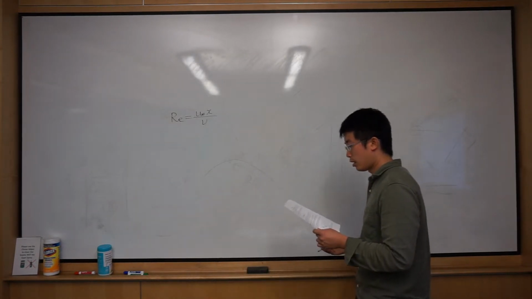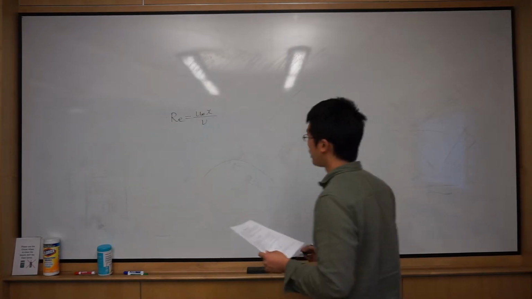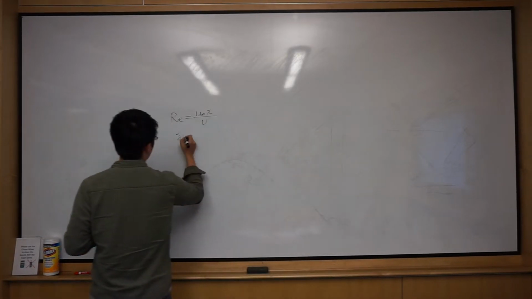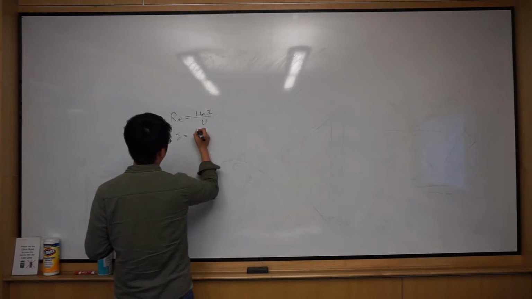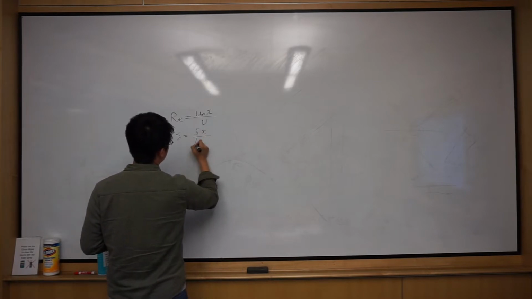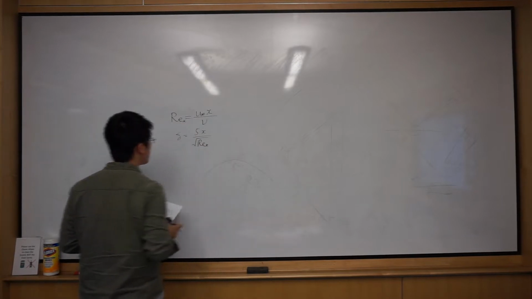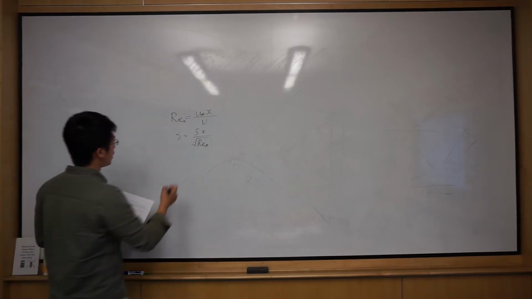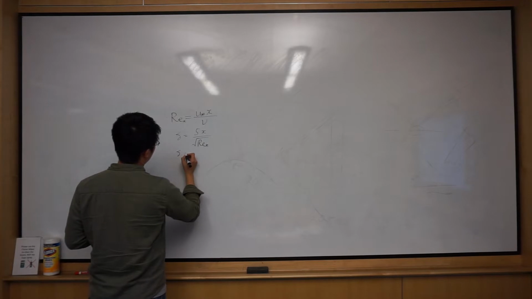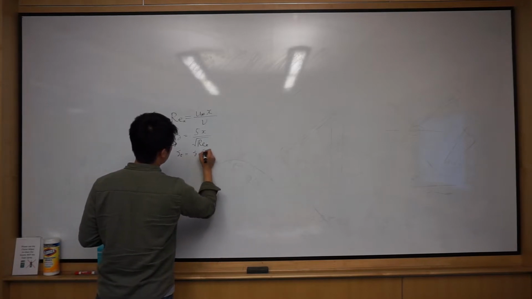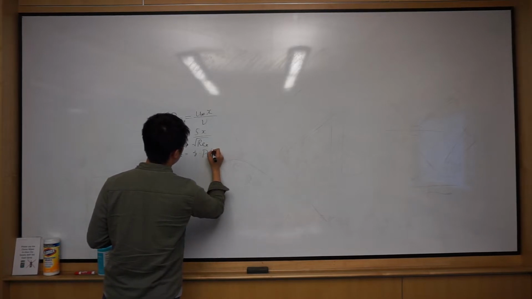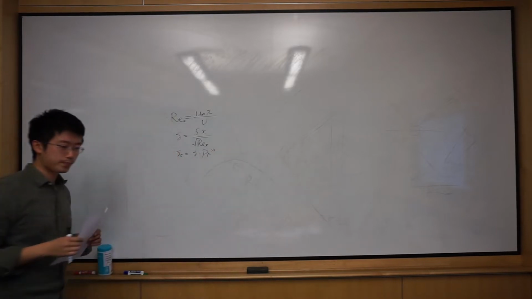That's good. And then to calculate the velocity boundary layer, according to the textbook equation, it's 5 times x over the square root of the Reynolds number. Let me note it here. And then we also know the thermal boundary layer is just this boundary layer times the Prandtl number to the minus 1/3, right?